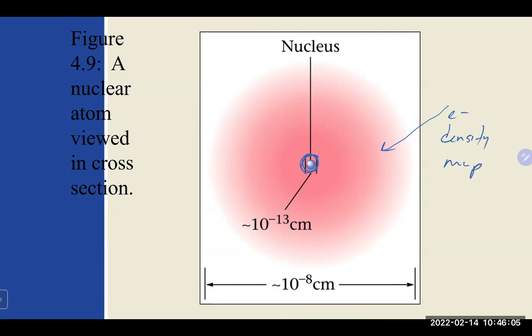It's the mostly empty space within the atom where our electrons are flying around. The darker shade of red indicates a higher probability of finding electrons, and as it moves out, it gets lighter and lighter, meaning there's less of a probability of finding electrons in that part of the atom.